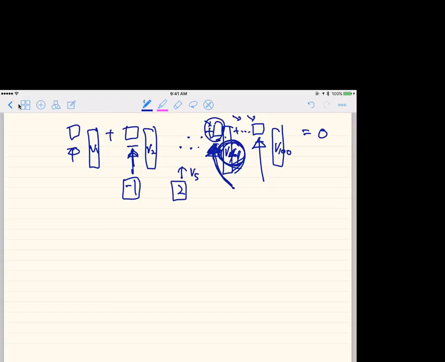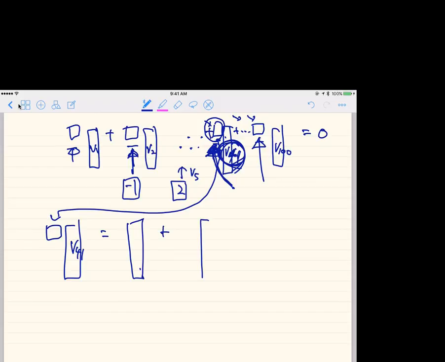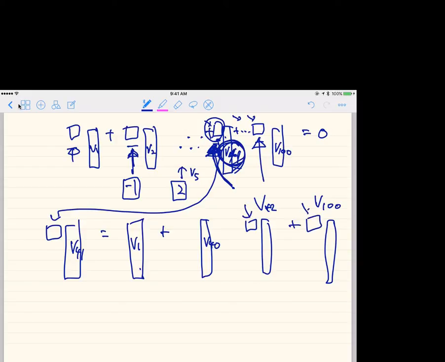This is the last non-zero, so we move this value and V41, and originally we would have V1 through V40 and then V42 all the way up to V100, right? But because we assume that all the coefficients after 41 are 0.